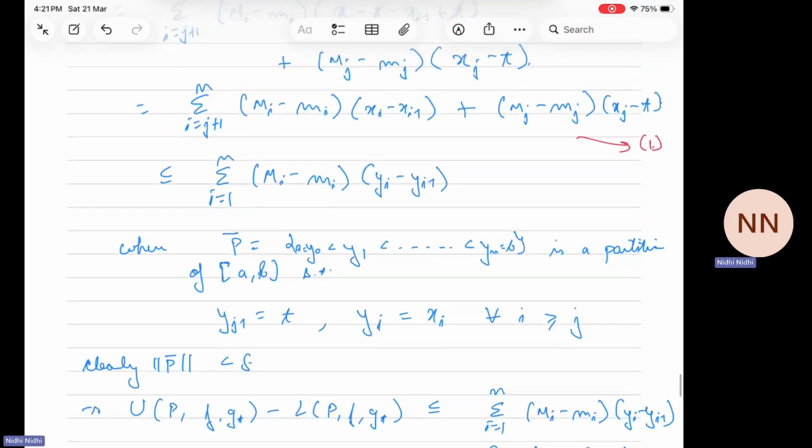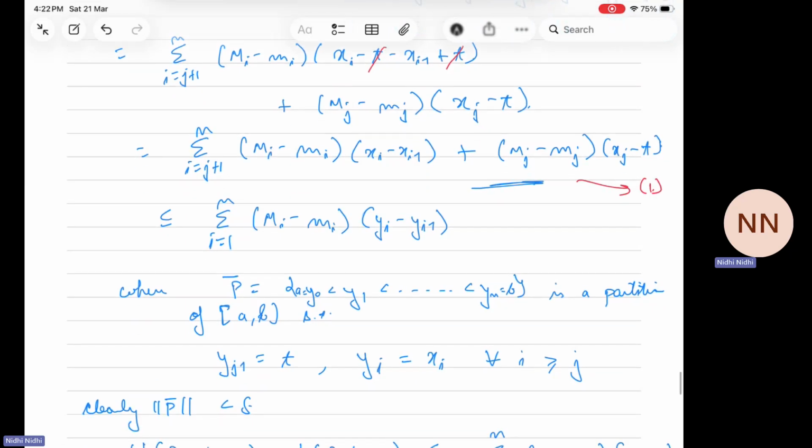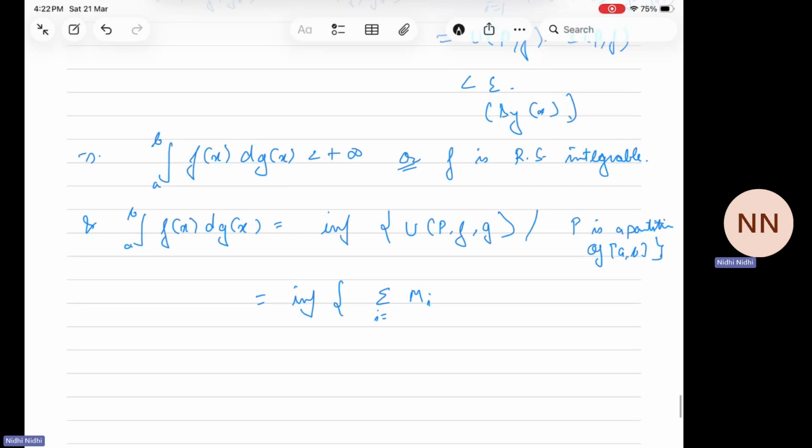So as we had done earlier, for any partition, the only term still left will be the summation i from j to n of M_i times (x_i minus x_{i-1}), where obviously x_j is equal to t.